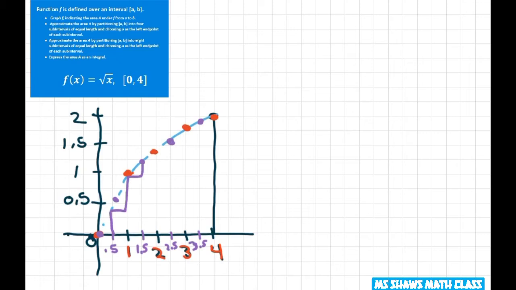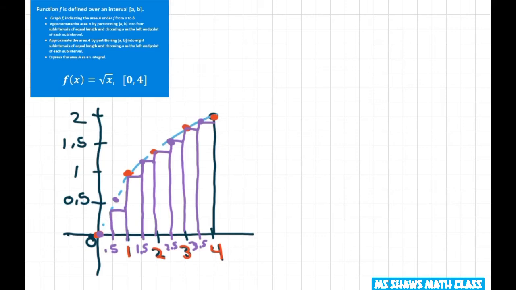Go up, go here, and repeat. That's how I usually do it, and then I just draw the lines down.